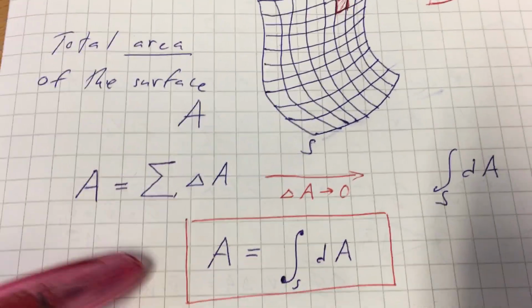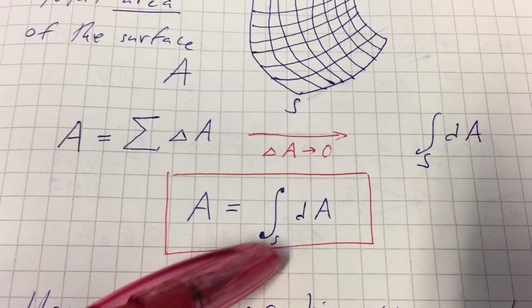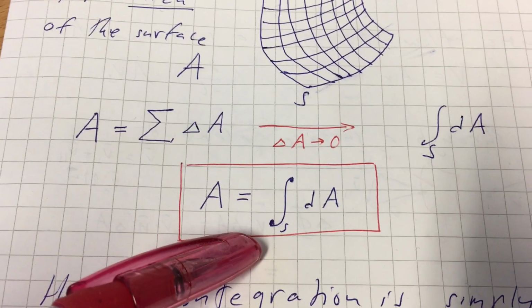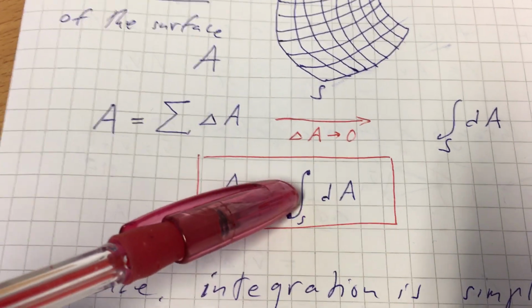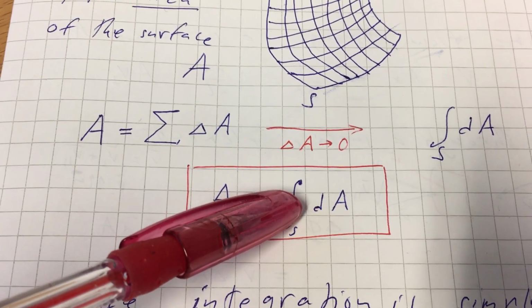And now, by definition, the total area of the surface is just the surface integral over the surface. But here we don't have any function over which we are taking the integral.